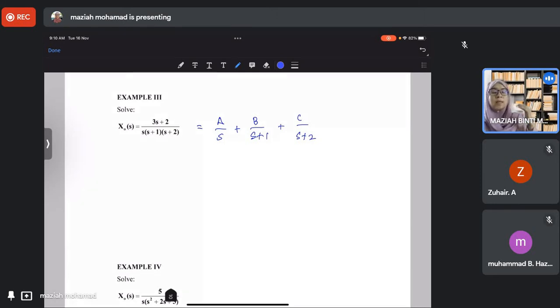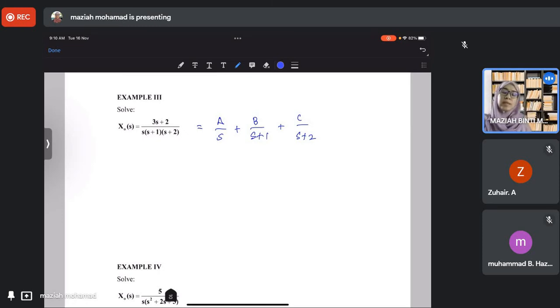So you can see that it's very much depend on the denominator. As long as the numerator is common, like 3S plus 2, meaning the function is a common function without any S square or something. Okay, so we just take based on the denominator, because we are able to factorize S plus 1 and S plus 2.